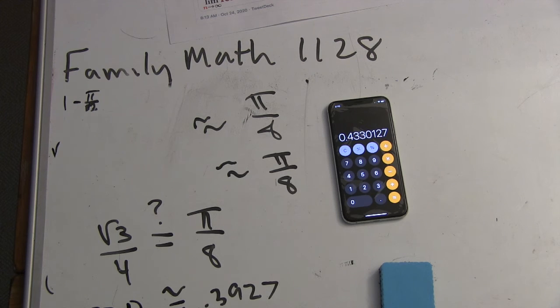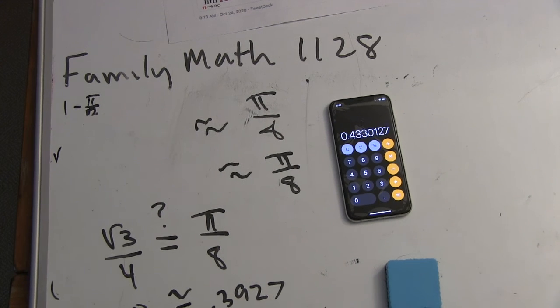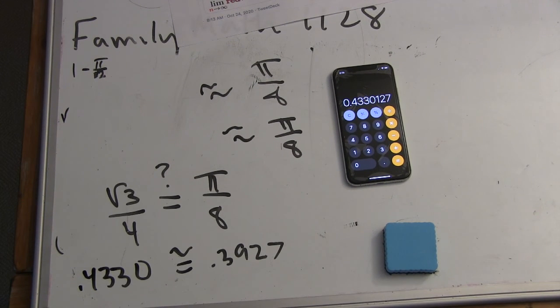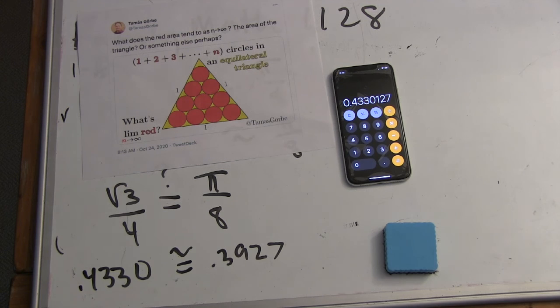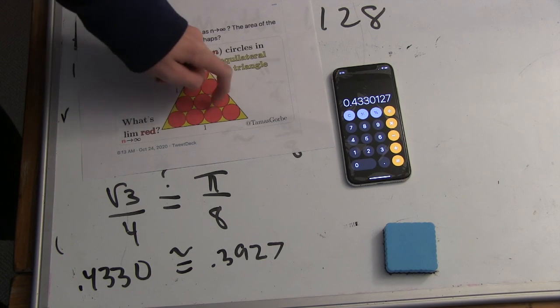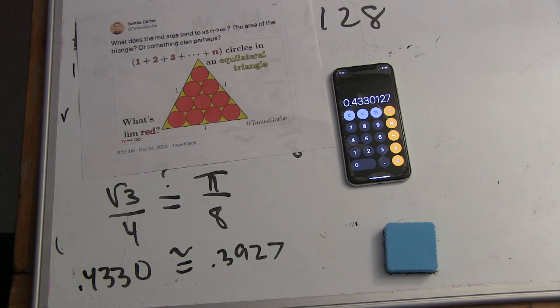Are you surprised that you don't get the whole area? Well, you shouldn't get the whole area with a finite number of circles, because you always have small gaps in between, but with infinitely many circles, the gaps should be infinitely small.